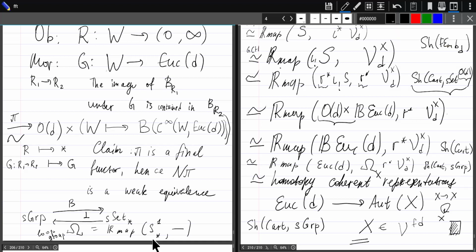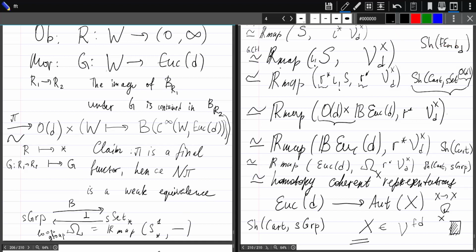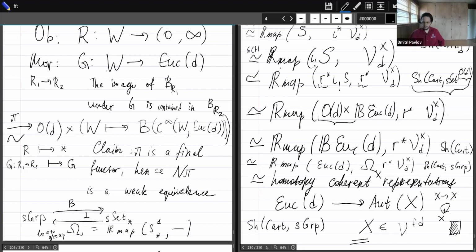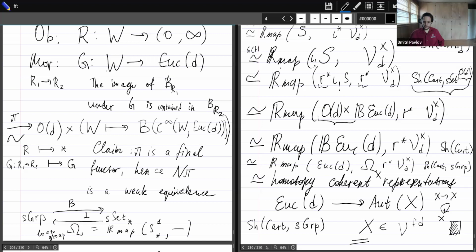And it is true for any R star V D cross. This is a statement for a completely general target, so we can replace this R star V D cross by something else; it depends on your choice of V. For example, if V is vector spaces, then you would literally get a representation in the usual sense.